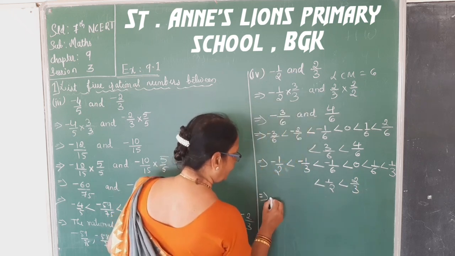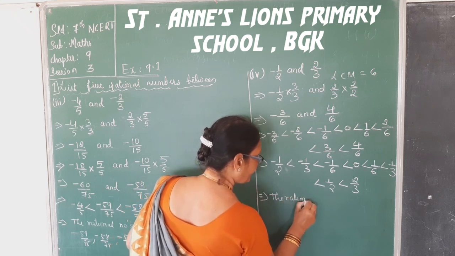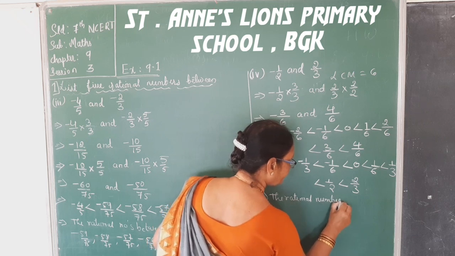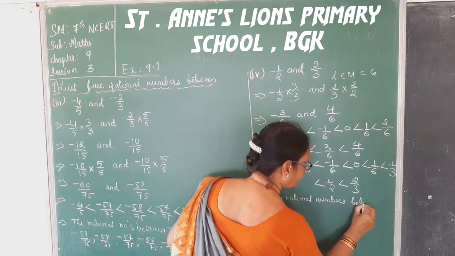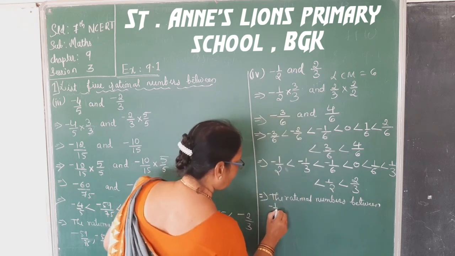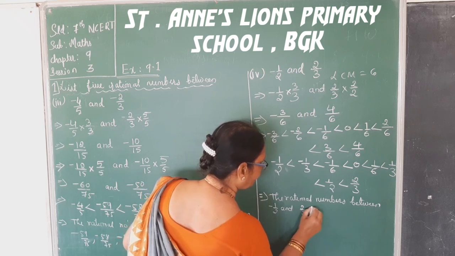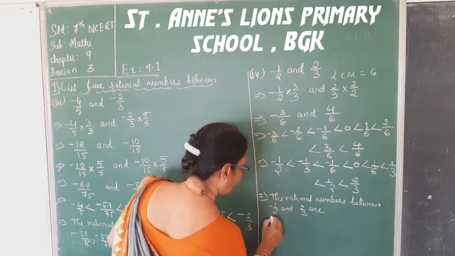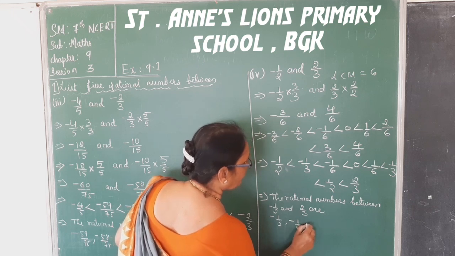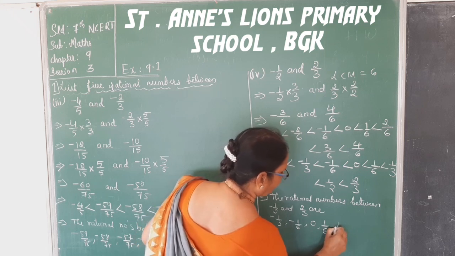So therefore the rational numbers between minus 1 by 2 and 2 by 3 are minus 1 by 3, minus 1 by 6, 0, 1 by 6, 1 by 3.